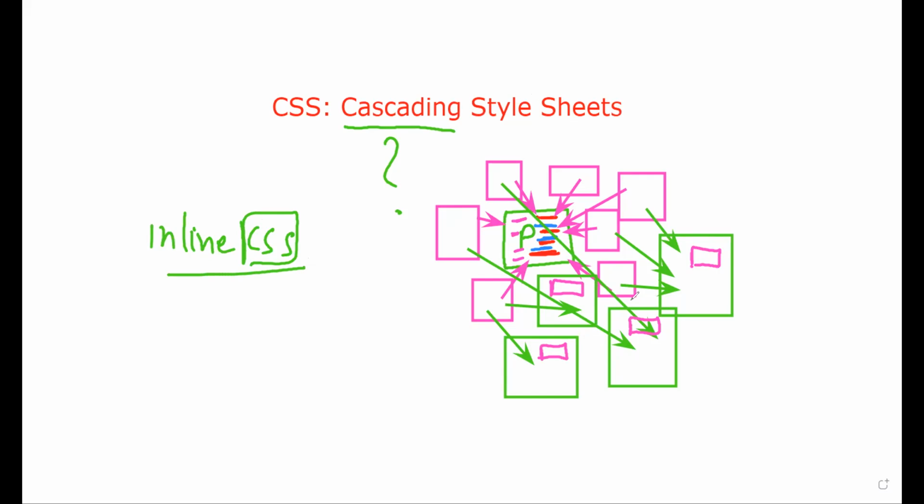But we do not recommend this when there are multiple styles, or if you want to impart styles to multiple HTML pages. So we prefer to separate the style information in a separate file, because it doesn't complicate an HTML page.